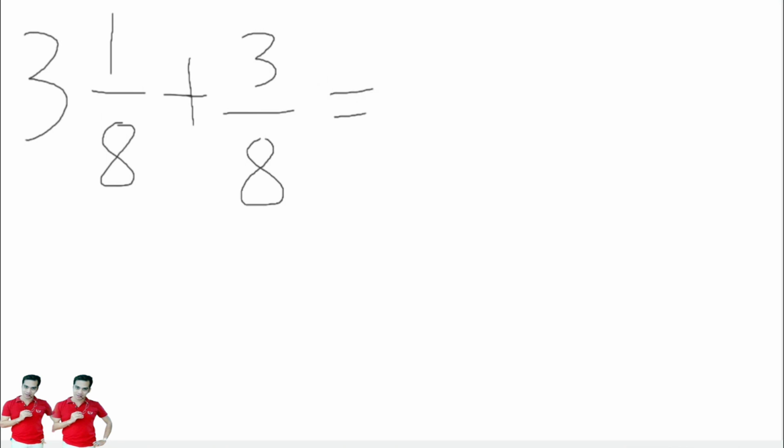Since the whole number is only 1 or 3, you are going to write 3. Then, again, the rule is add the numerators. 1 plus 3 equals to 4. Then, copy the denominator. Do you think, learners, 3 and 4/8 is the final answer?